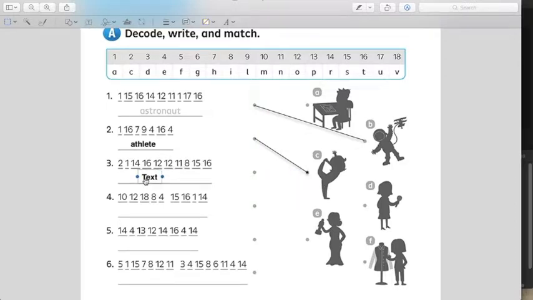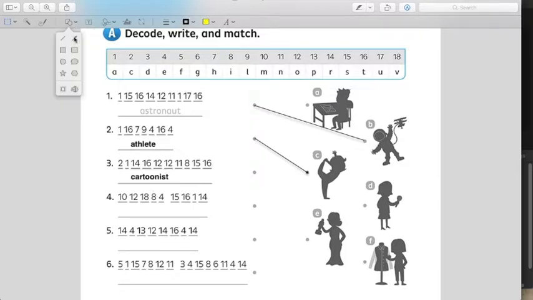Number 3, we have the number 2, which is C, number 1, A, number 14, R, 16 T, 12, 12, so that's 2 O's, 11 N, 8 I, S, 15 and 16 T, so that spells cartoonist.